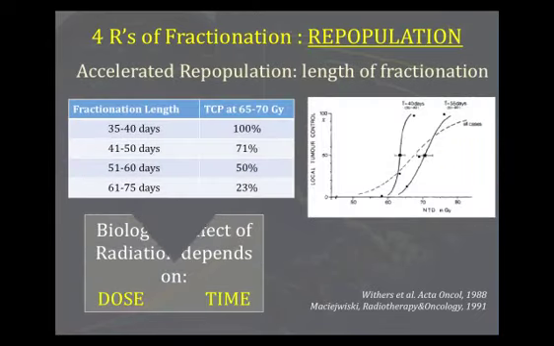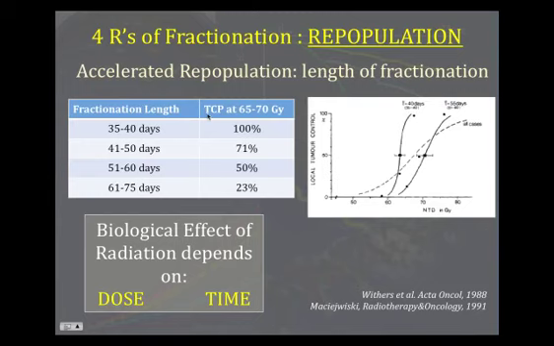Dr. Withers here, who is the former chairman of radiation oncology, first described this in the literature for head and neck tumors, and it was followed by others who applied the same principle to other tumors. But it's actually a very simple concept to understand.